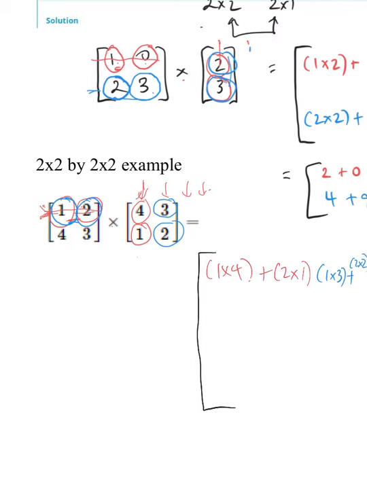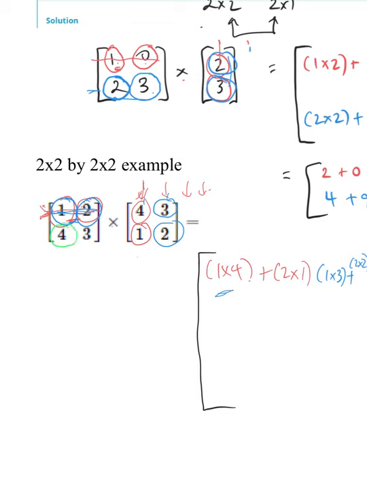Right? Now I've finished this row with every column in my second matrix. So I know that I've now completed the first row in my result, right? So I move on to the second row of my first matrix and I repeat the same process.